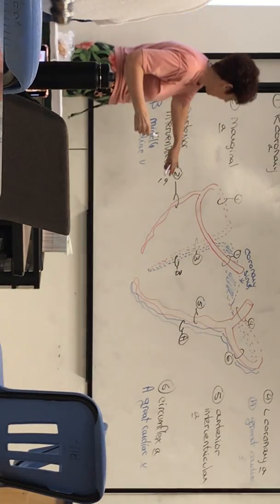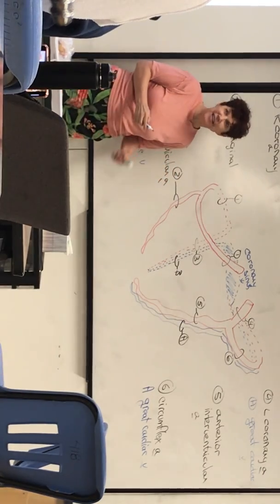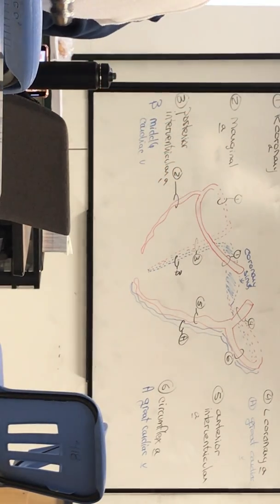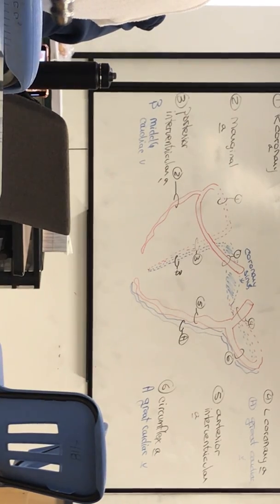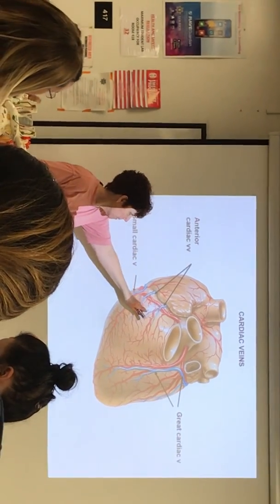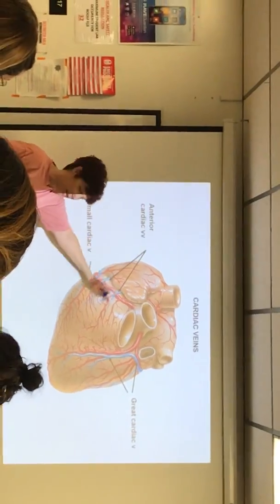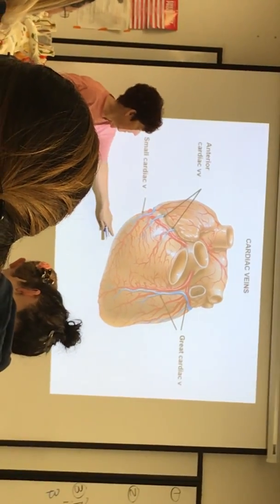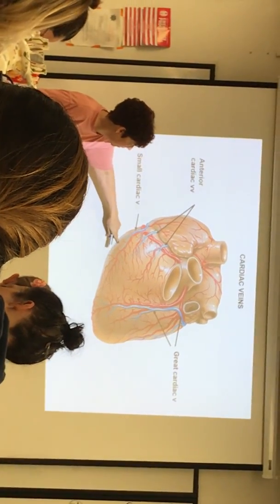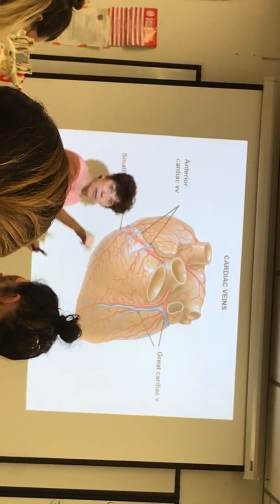The small cardiac actually helps you find the marginal artery because we have a few veins on the front of the heart. These are called anterior cardiac veins. Your model only shows one, but they don't go into the coronary sinus, they go directly into the right atrium, all right? So these are the anterior, but the small travels with the marginal artery and makes a right angle bend to travel with the right coronary.